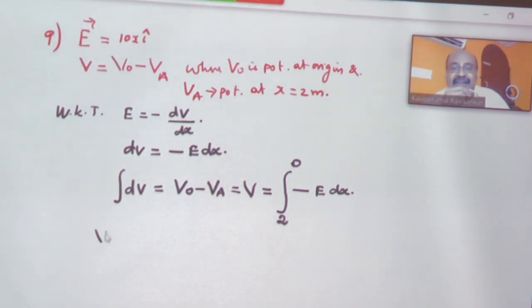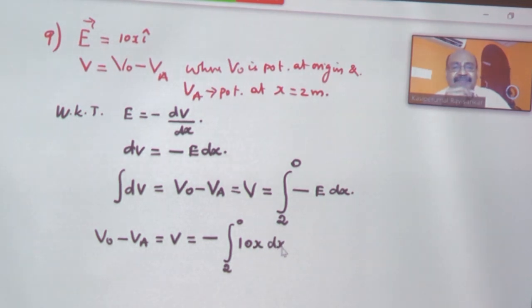So V0 minus VA is equal to minus the integral from 2 to 0 of E, which is 10x i cap, into dx. You just integrate this equation to get the final answer.